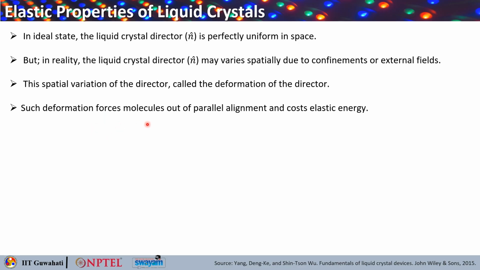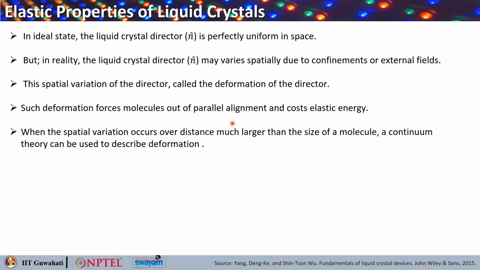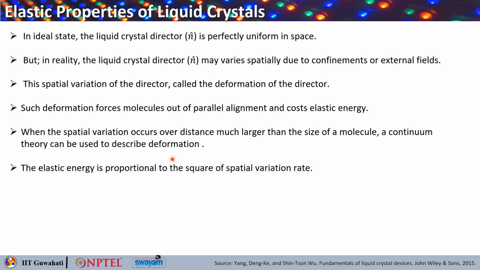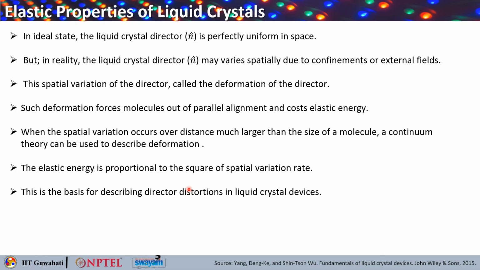Such deformation forces the molecules out of parallel alignment and costs some elastic energy. When the spatial variation occurs over distances much longer than the size of the molecule itself, a continuum theory can be used to describe those deformations. The elastic energy is proportional to the square of the spatial variation rate, and this is the basis for describing the director distortions in a liquid crystal device.